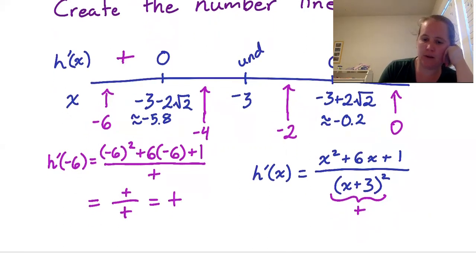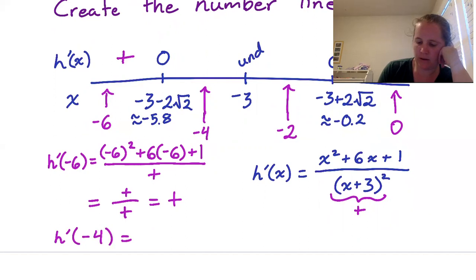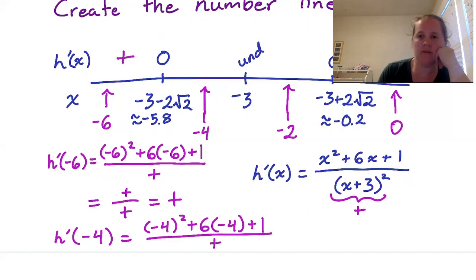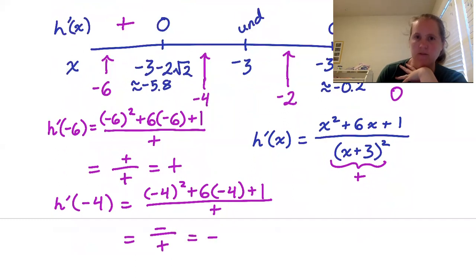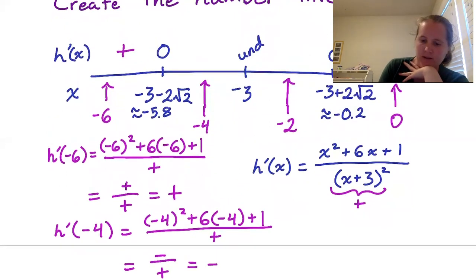Then at h prime of -4, we'll have -4 squared plus 6 times -4 plus 1 all over a positive value. This top we'd have a positive 16 minus 24 plus 1 would be a negative, divided by a positive, which will be negative. So on our number line, we have a negative now.